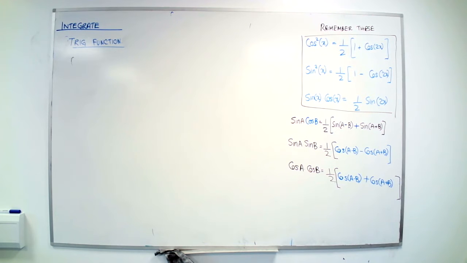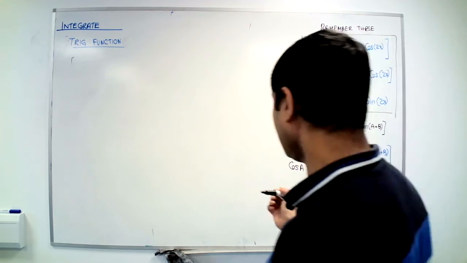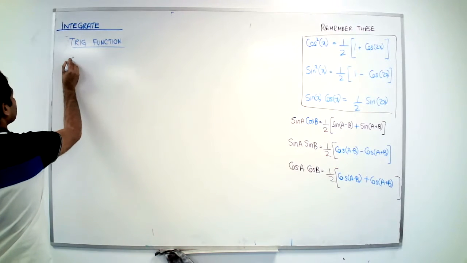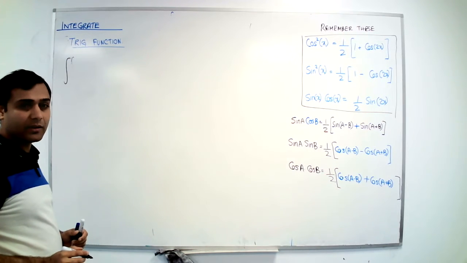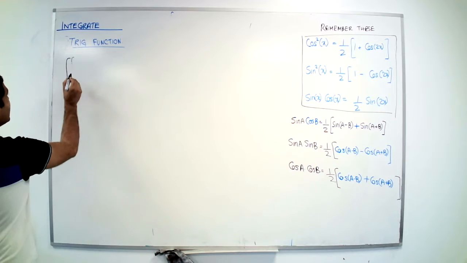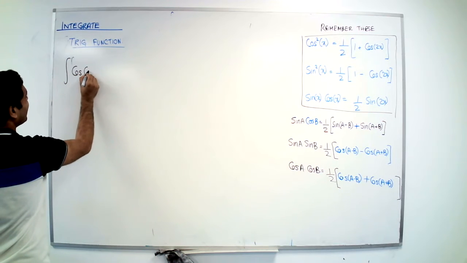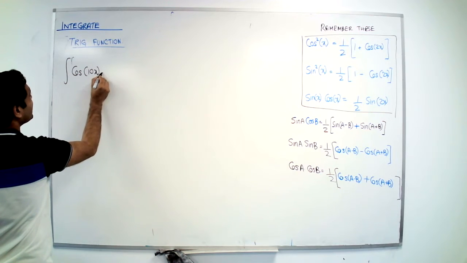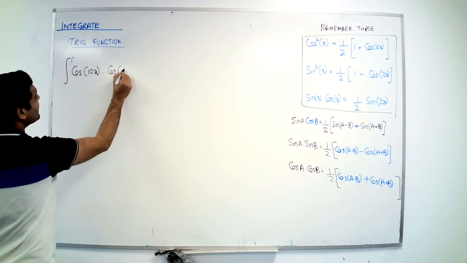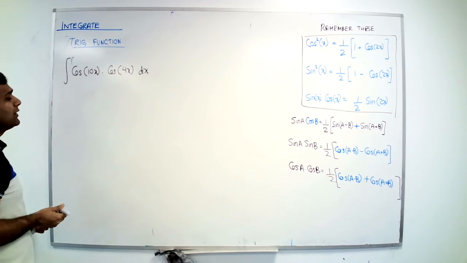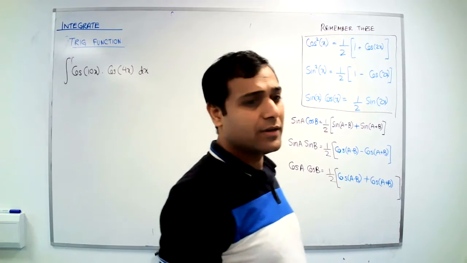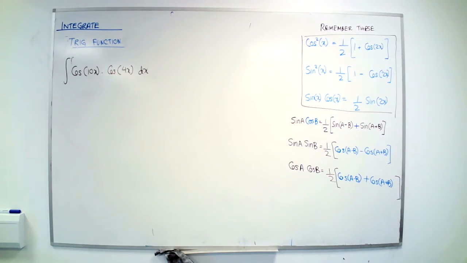Now, let's say I have a question, and what I want to do is cos 10x dot cos 4x. Now I want to integrate this.